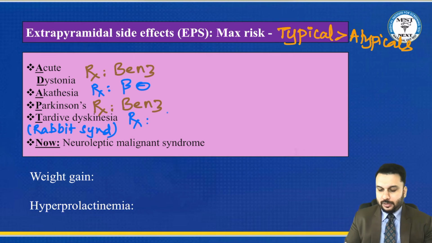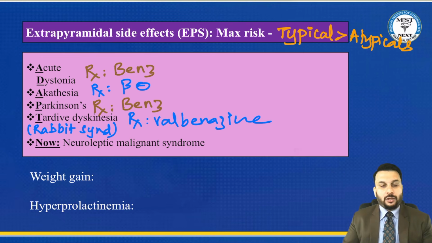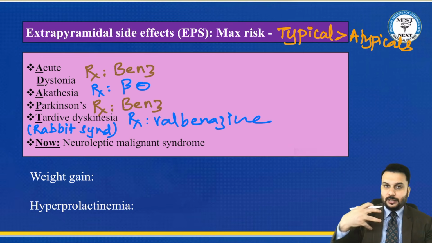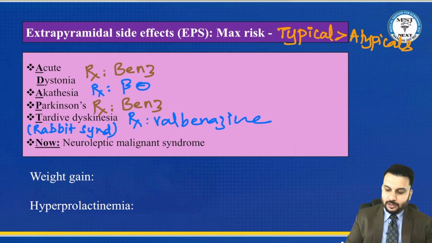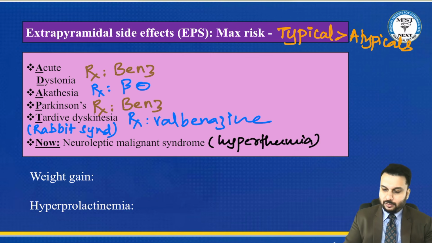This is treated by drugs like valbenazine. Neuroleptic malignant syndrome is actually muscle contractions causing hyperthermia. It's a life-threatening hyperthermia. And this is what is treated by the drug called dantrolene.